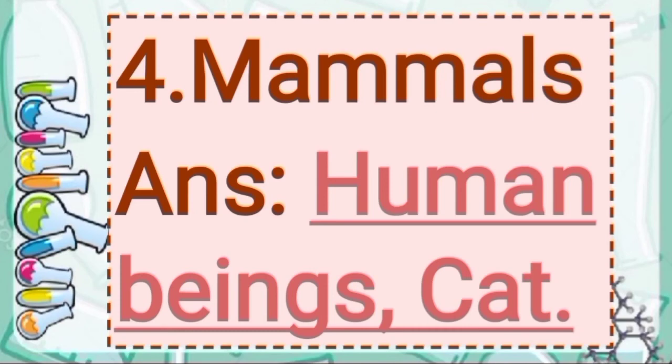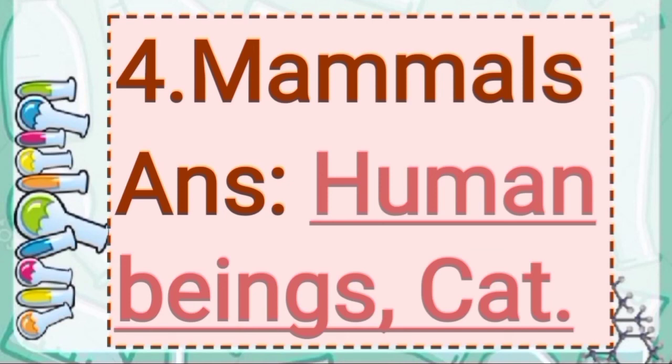Now next, mammals. Human beings along with dog, cat, lion, elephant, cow, buffalo, hippopotamus, zebra, giraffe, monkey and rabbit are some examples of mammals. So here answer is human beings, and second example is cat.